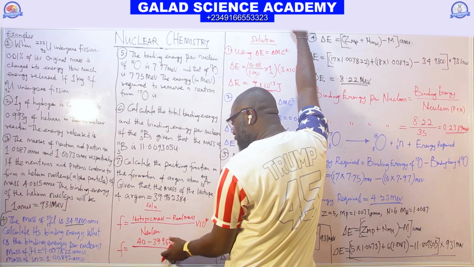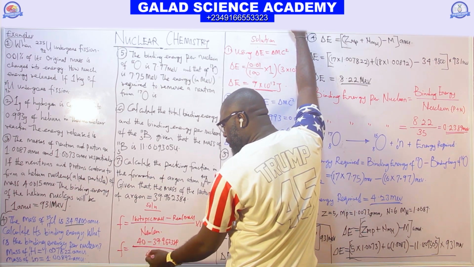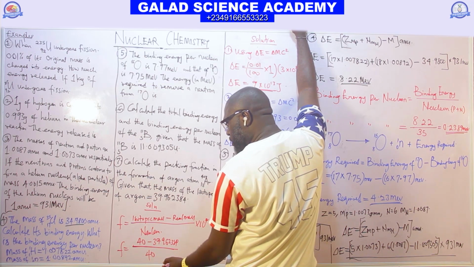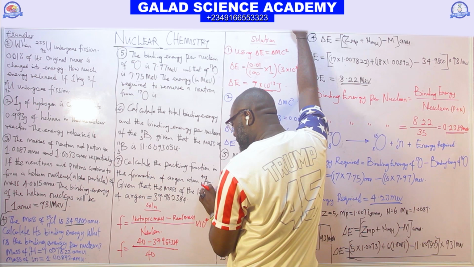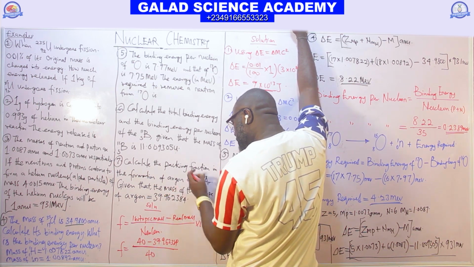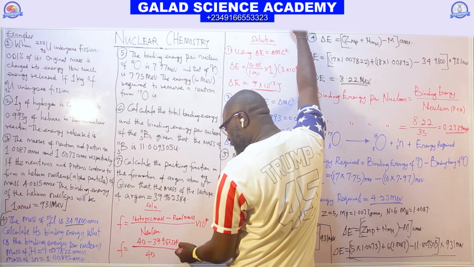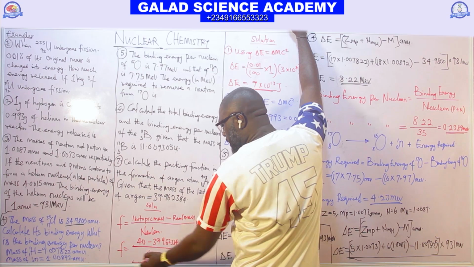Nucleon is the total number of protons and neutrons, which is 40. 18 minus 40 equals 22. That will be 22 over 40 multiplied by 10 raised to the power 4. That will be the final answer.